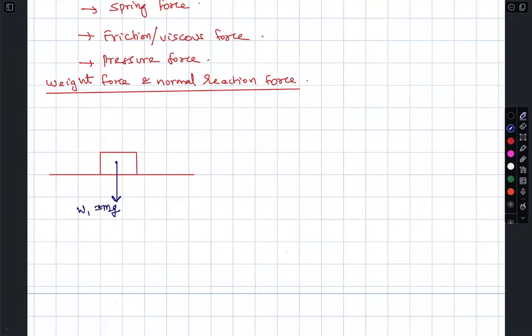There should be some other force that should counter this situation, yes or no? How is this possible? Anyone in the class? There should be some other force to counter this. Remember, this is the block and this is the floor.